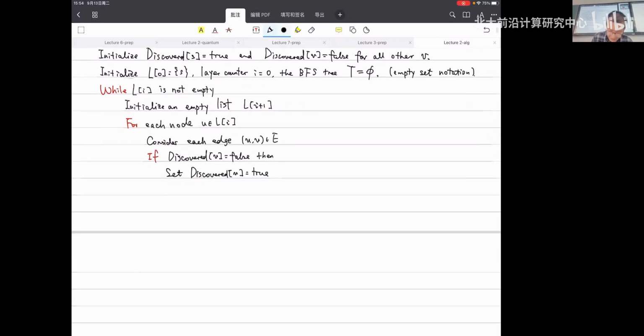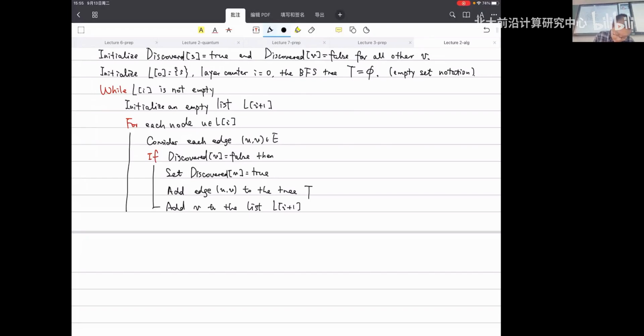And of course, after setting it to be true, we add edge UV to the tree. And of course, we also add V to the list. Oh, I lost one. So this is basically how the algorithm works.